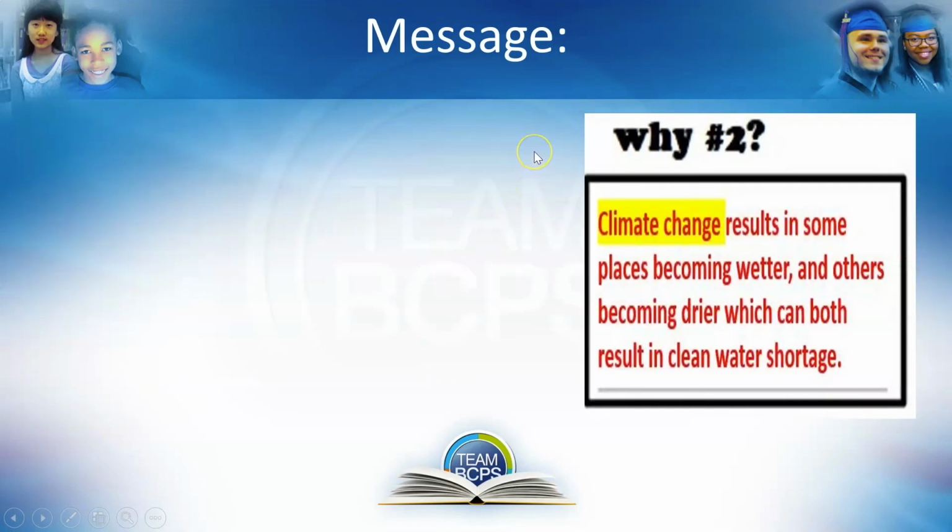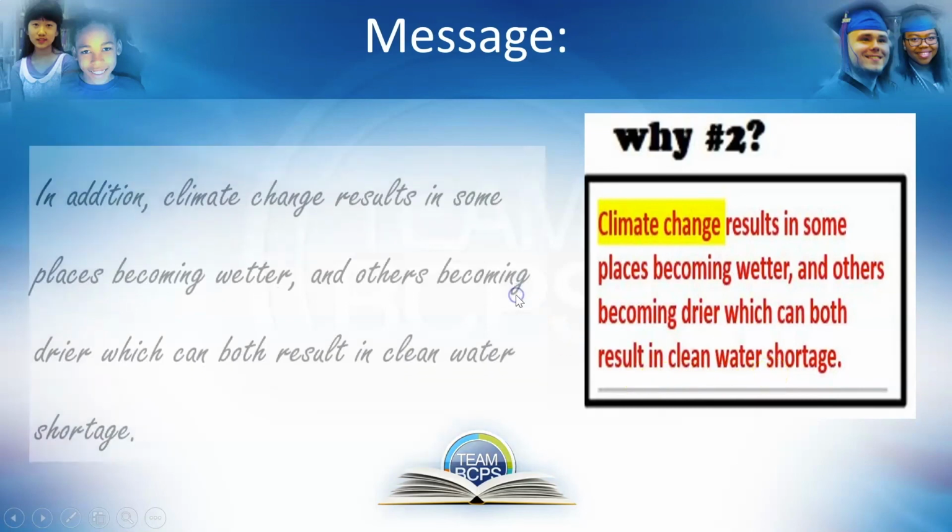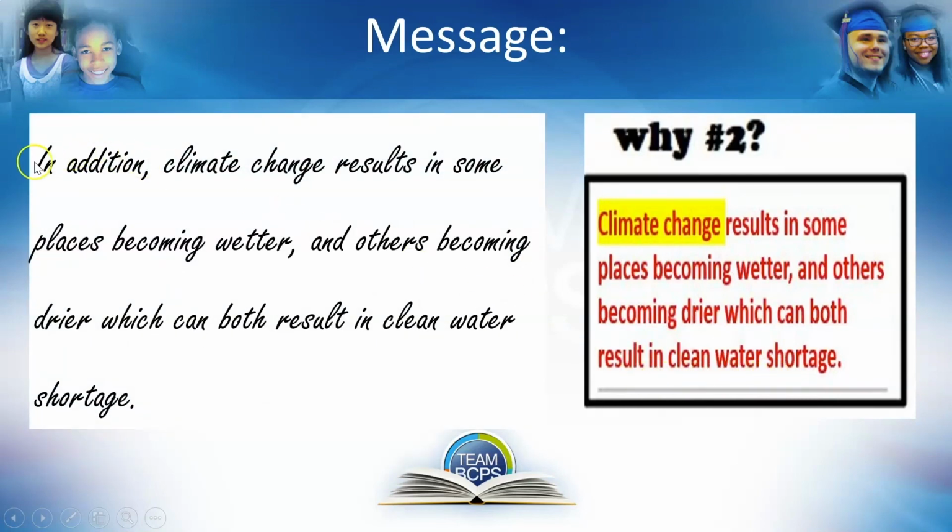Then I'm going to look at reason number 2. We said climate change results in some places becoming wetter and others becoming drier, which can both result in clean water shortage. So I could say here, in addition, climate change results in some places becoming wetter and others becoming drier, which can both result in clean water shortage.